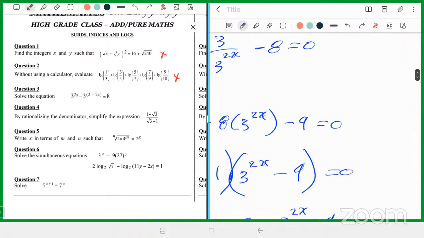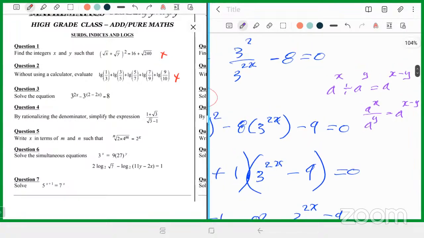We know a to the x divided by a to the y is the same as a to the x minus y. You have to know the law this way and that way. a to the x divided by a to the y is the same as a to the x over a to the y, and it's still equal to a to the x minus y.